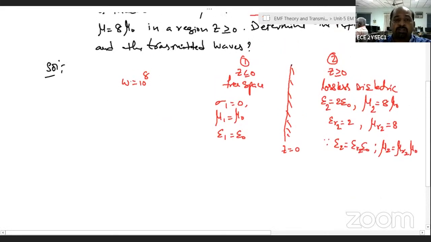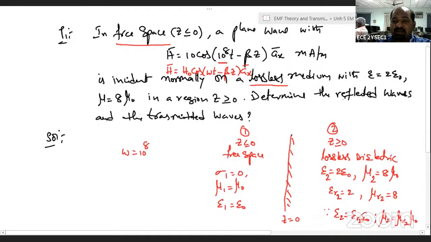What we need to determine are the reflected waves and transmitted waves. And one more thing, H bar is incident normally.